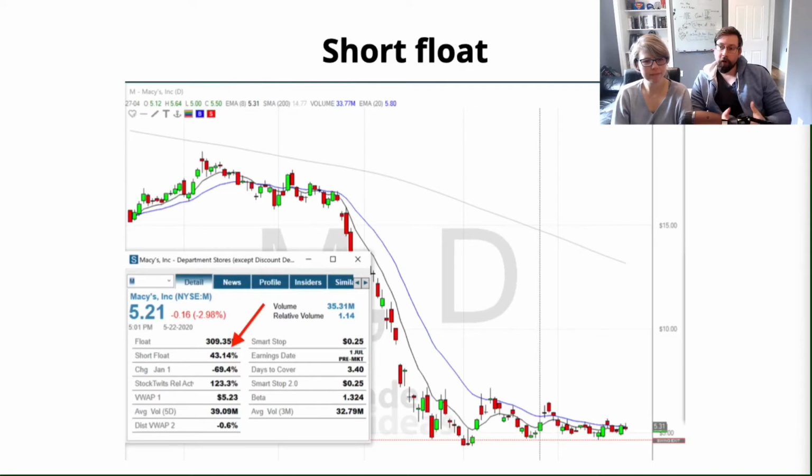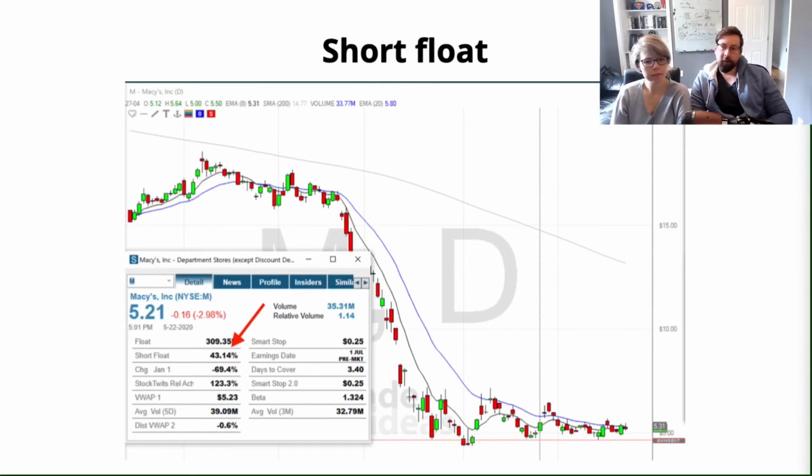The brokers then have to report twice a month, bi-weekly, how many shares have been lent out. So a short float of 43% means that essentially about 120 to 150 million shares are out there short. They've lent them out to people.